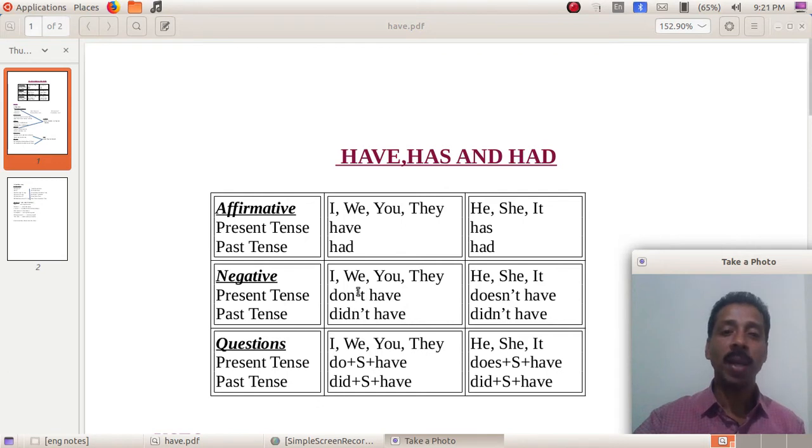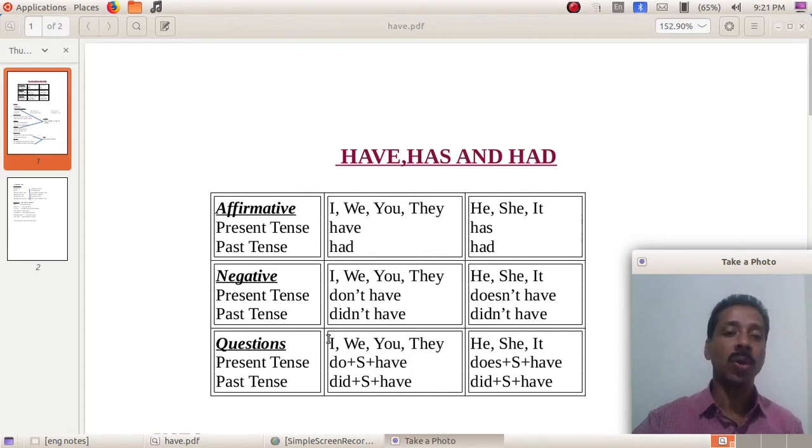So if we split the verb have, it will become do have, and the negative will be don't have. And if it is has, it will be does have, and the negative will be doesn't have. And in the case of past tense, didn't have in both the cases. That means with I, we, you, and they, it is didn't have. Likewise with he, she, and it also didn't have.